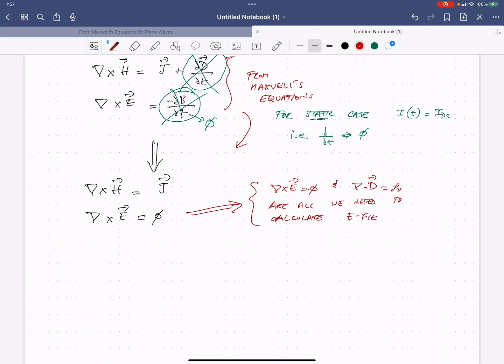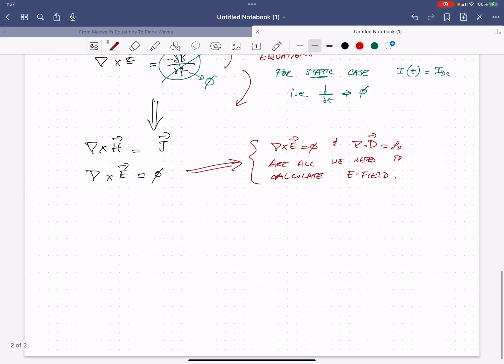But that's just an aside, and anyway, we're interested in magnetic field in the conversation today.